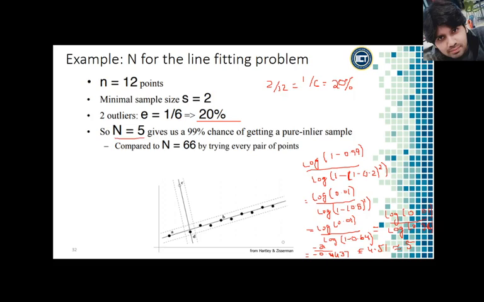That gives us a 99% chance of getting a pure inlier sample, compared to n equals 66 by trying every pair of points in this case.